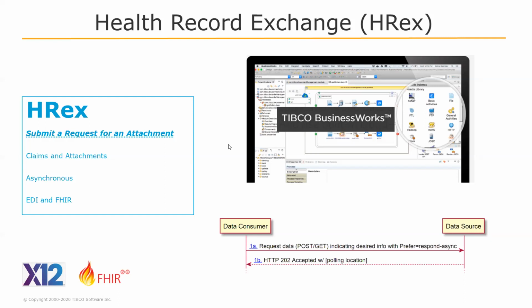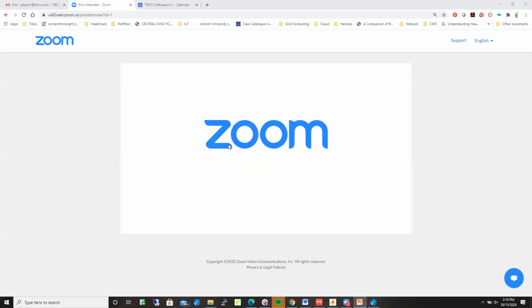And if so, the workflow will automatically build the FHIR request document and submit that to your partner. So let me show you how that's done.